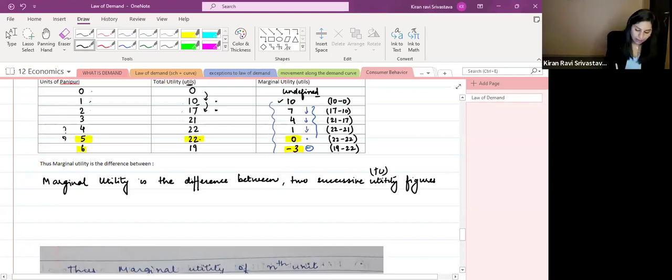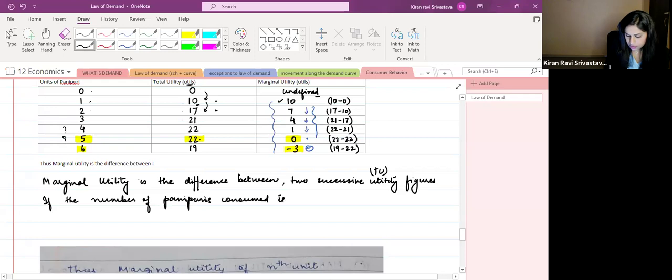So if the number of pani puris consumed is n, okay? Because we don't know the number, how many Bunty will consume, we don't know.